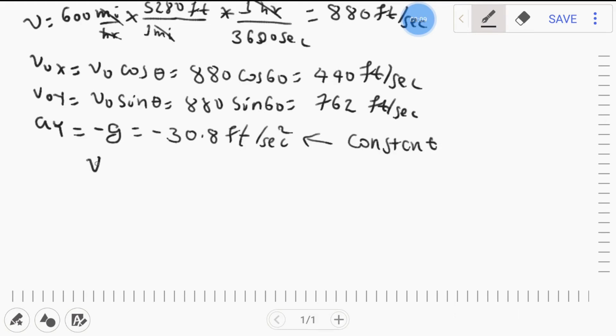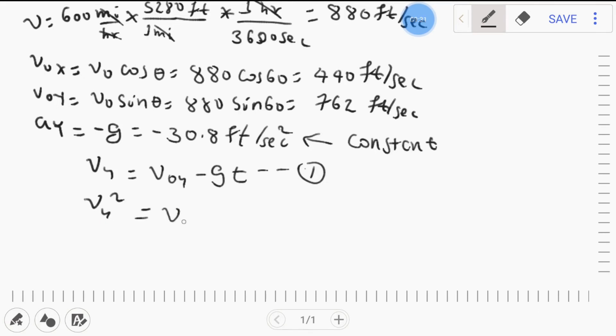So the acceleration in the y direction is negative but constant throughout the system, in the downward direction. Now, once we have this, we can use the final velocity in the y direction equals the initial velocity in the y direction minus g t. As you remember from the previous class, it was acceleration times t, and in this case the acceleration is minus g.